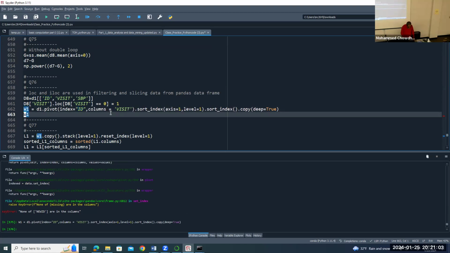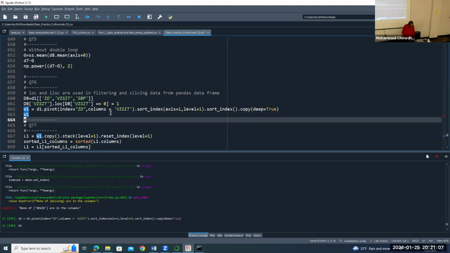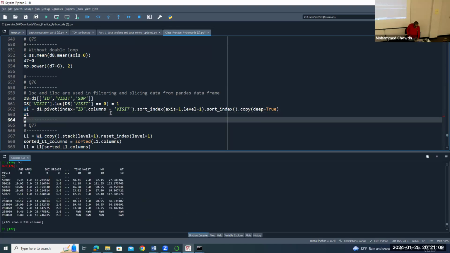Now take a look. Previously it was long format data. Now it is wide format. Are you seeing visit, right? This is visit 0, then visit 1, then visit 2, then visit 10.